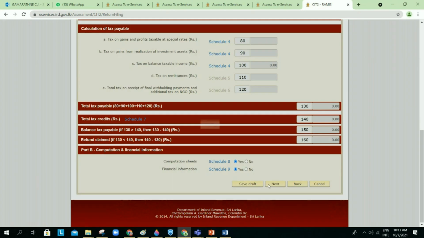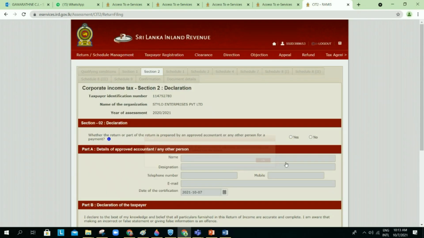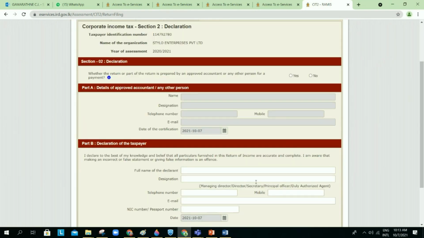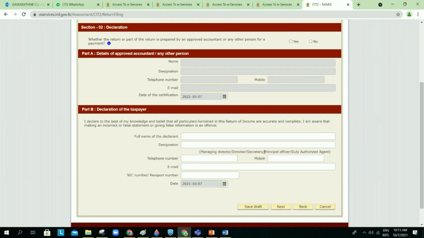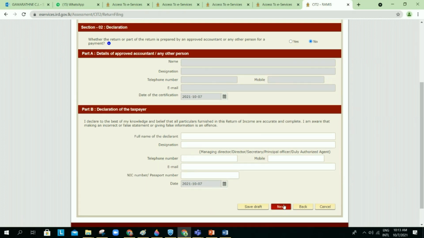You need to enter the details only in the white colored cages. Now, I am not going to fill this in here. Then I will show a calculation rule.